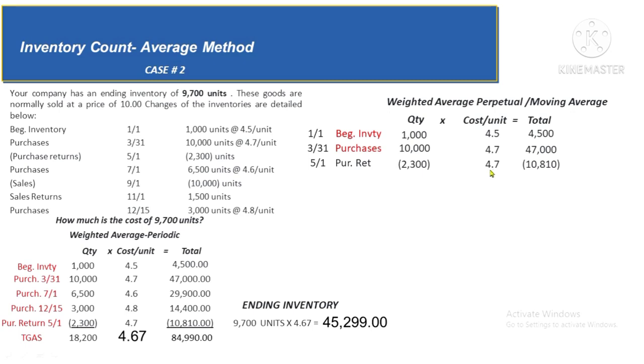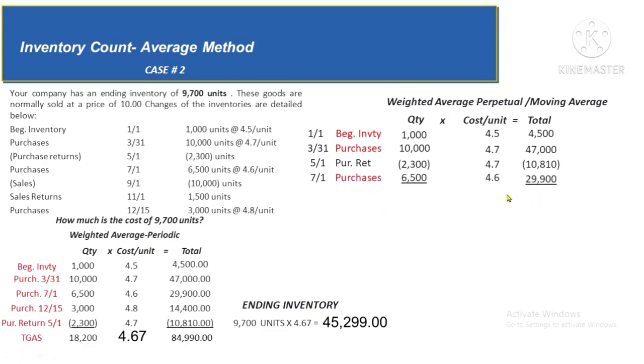Again, this 4.7 is taken from the latest purchase, which is this one. So some of you might ask, where is the averaging, sir? Well, the averaging happens just before a sale happens. So right now, since the next transaction is still purchase related on 7/1, there will be no averaging yet. So on 7/1, the purchase of 6,500 units at 4.6 will be added to the balance.